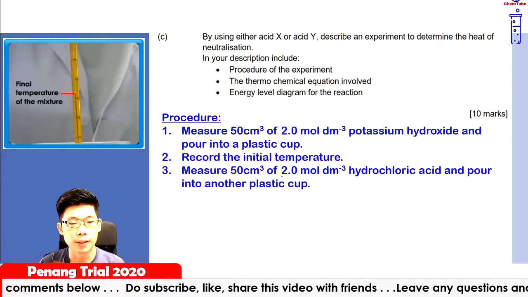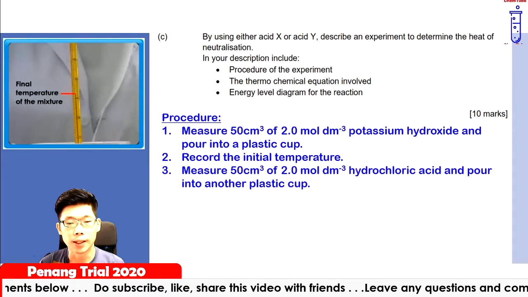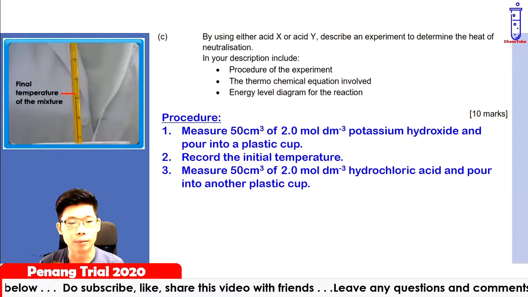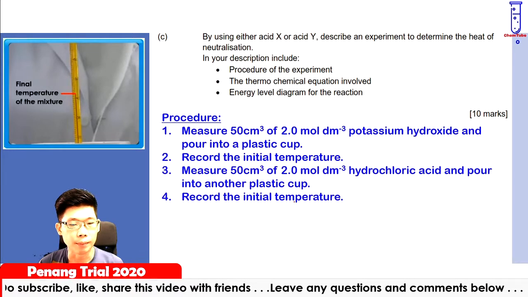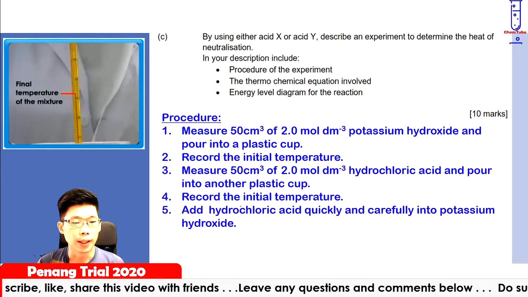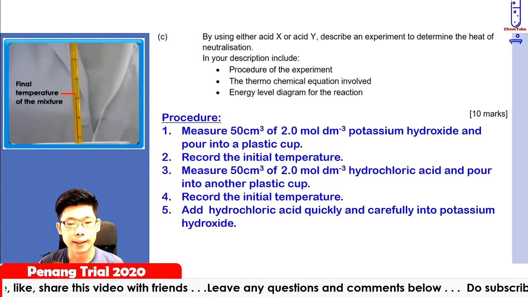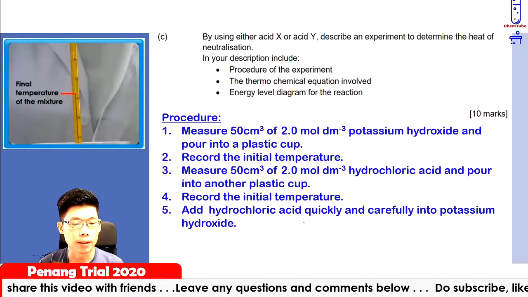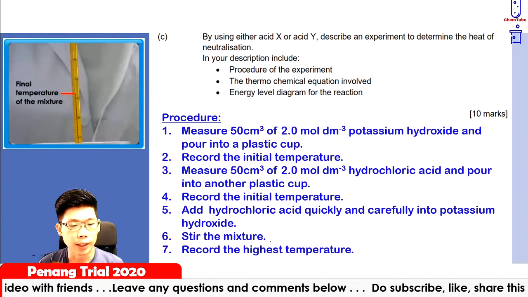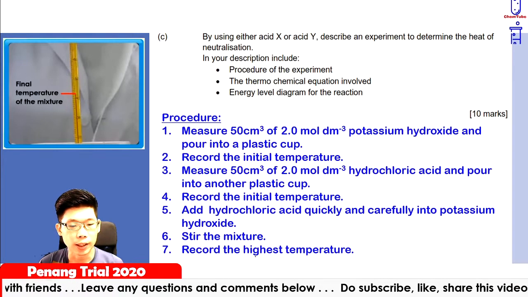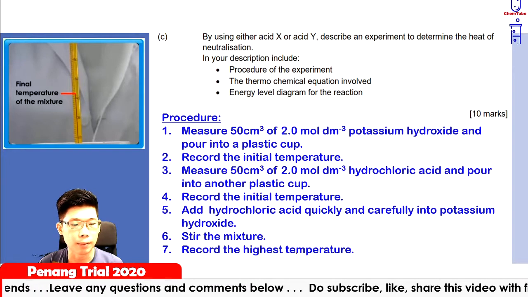Measure 50 cubic centimeter of 2 mole per cubic decimeter hydrochloric acid and pour into another plastic cup. Record the initial temperature. Then add the hydrochloric acid quickly and carefully into the potassium hydroxide solution. Then stir the mixture and record the highest temperature, not the final temperature, the highest temperature.